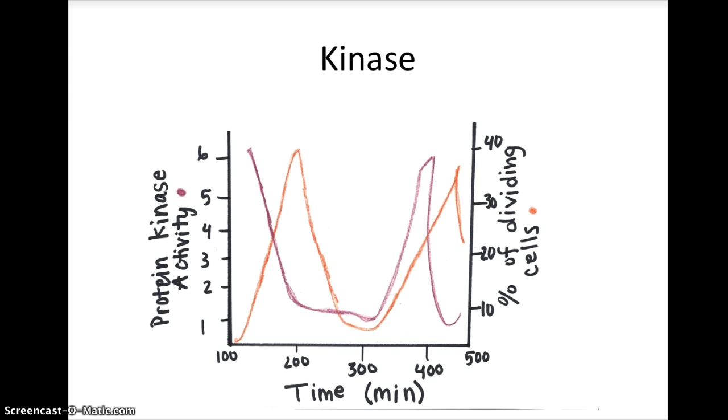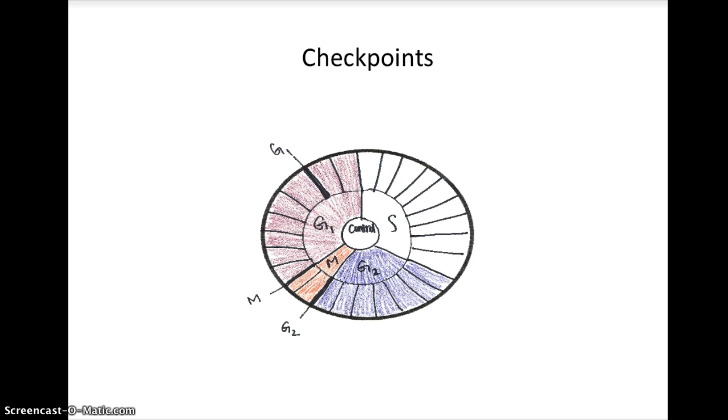Rhythmic fluctuations control the molecules that pace the sequential events of the cell cycle. These regulatory molecules are proteins of 2 types: protein kinases and cyclins. Protein kinases are enzymes that activate or inactivate other proteins. They give the go-ahead signals at the G1 and G2 checkpoints, right there.